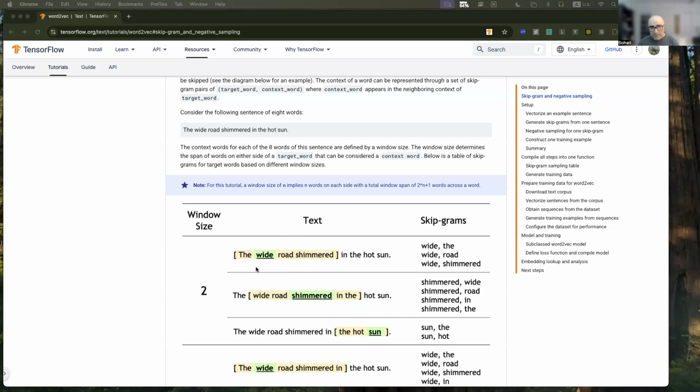In order to do that, we create an objective function and try to optimize that objective function. In that case, we can calculate the word embeddings for every word.